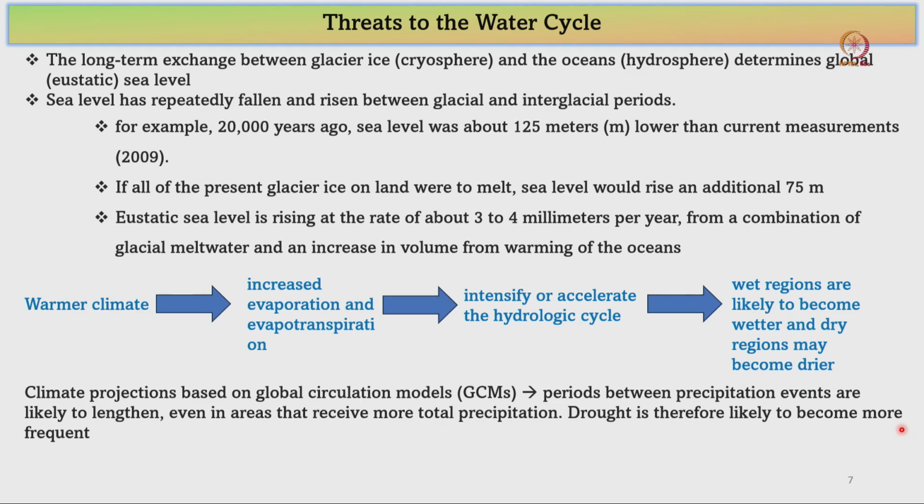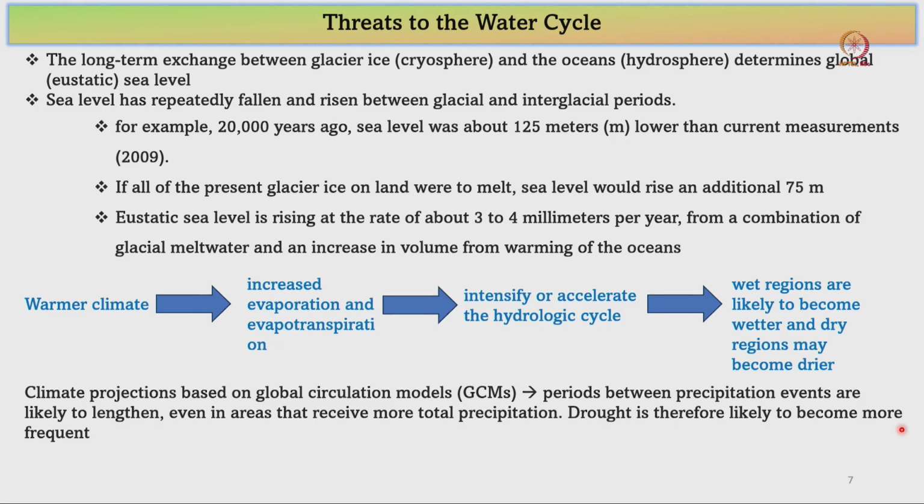Such intensification and acceleration of the hydrological cycle is a big threat. It is not in terms of the water movement, but due to the movement of nutrients, pollutants, and all other contaminants that move with this accelerated and intensified hydrological cycle.